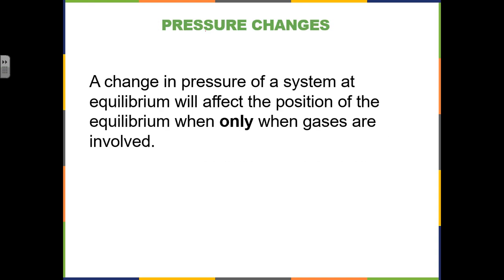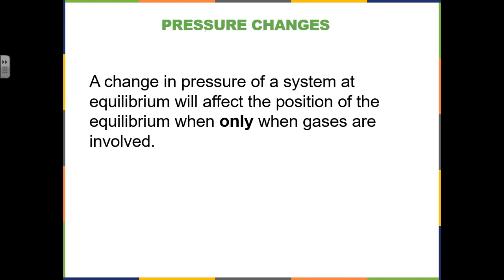Now, a change in pressure of a system at equilibrium will affect the position of equilibrium when only gases are involved. This means that if you have a reaction with gases and you do something to the pressure, that's going to influence the reaction. For instance, if you have a system with more gases on the product side, increasing the volume will favor production of more products.